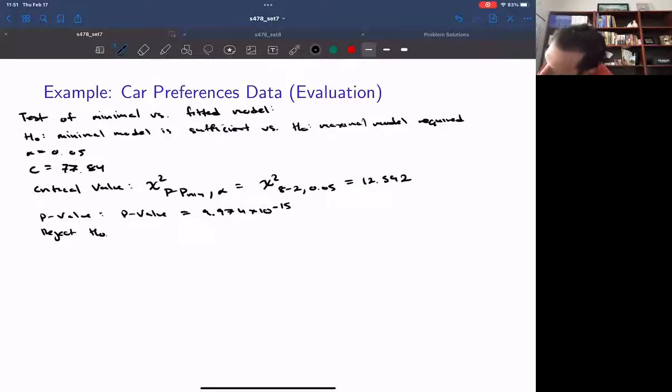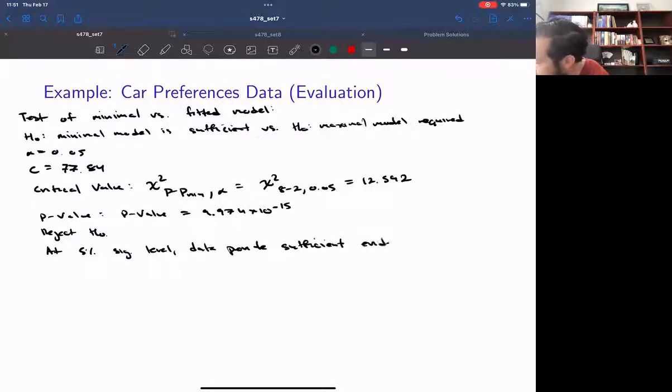That means that at 5% significance level, data provide sufficient evidence that fitted model is required. So that's the first test based off of the output that we have.